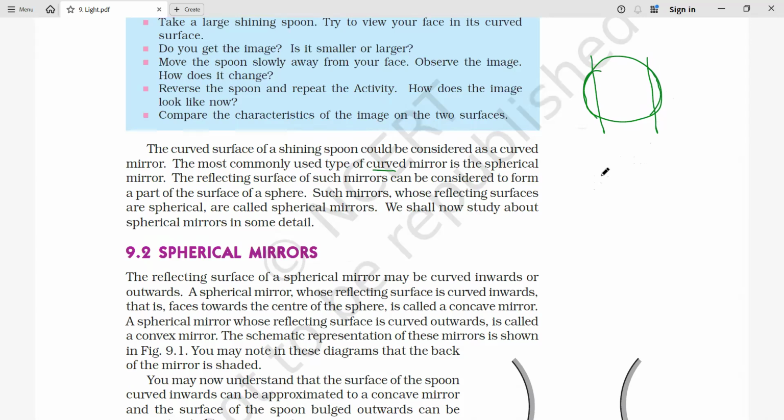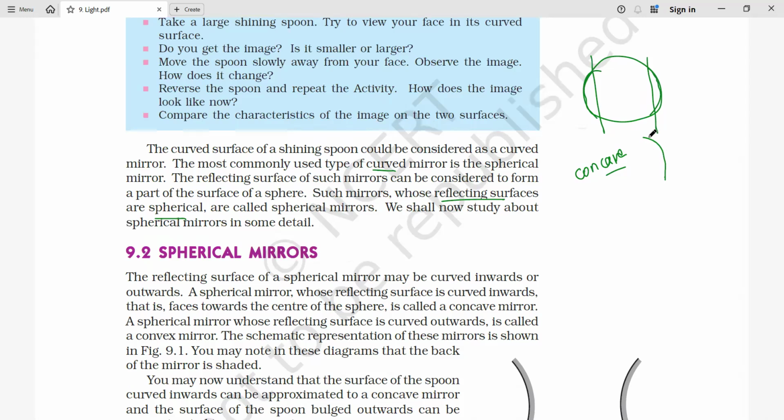So the mirror whose reflecting surface is spherical is called a spherical mirror. The concave mirror and convex mirror are what we are going to see later. Concave: cave means just like a gufa, a cave. So that reflecting surface is like a cave, okay.